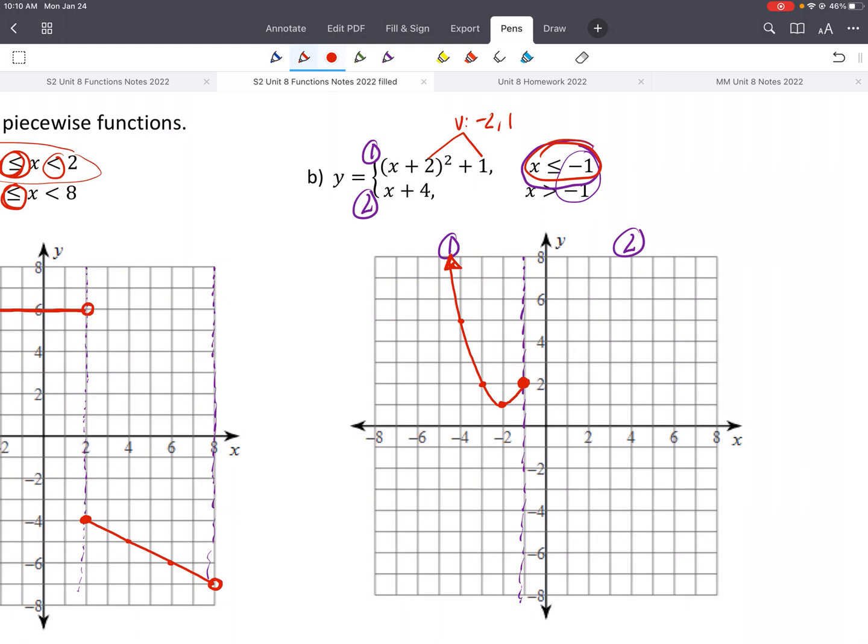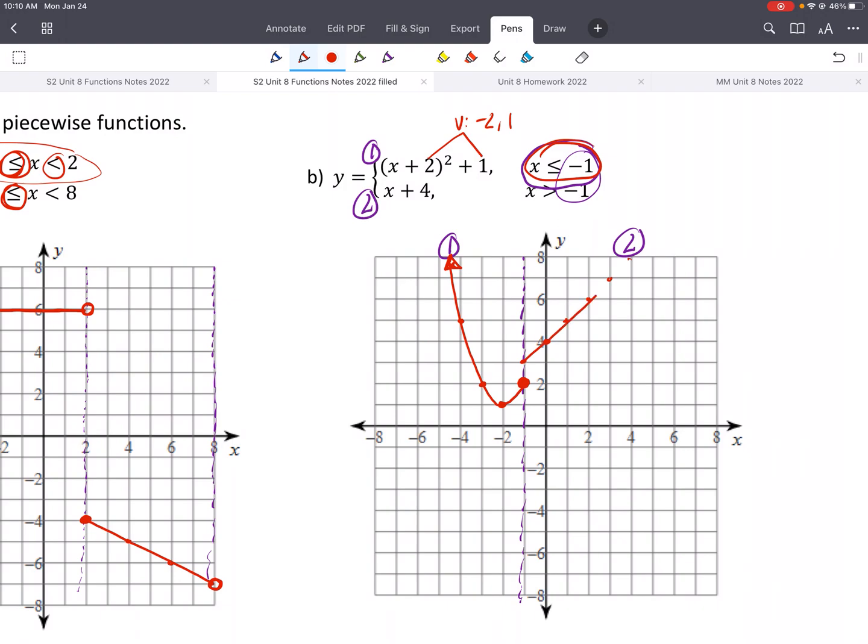Please make it exaggerated so that I can make sure that I understand what you're doing. So that is a filled in one. Our other equation is a linear. The y-intercept is 4, so we have a point here, and then it has a rise over run of 1. So up 1 over 1, up 1 over 1.